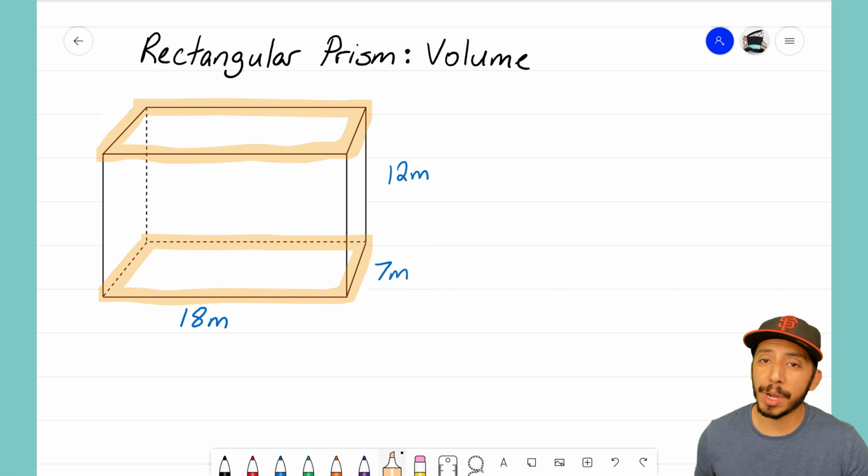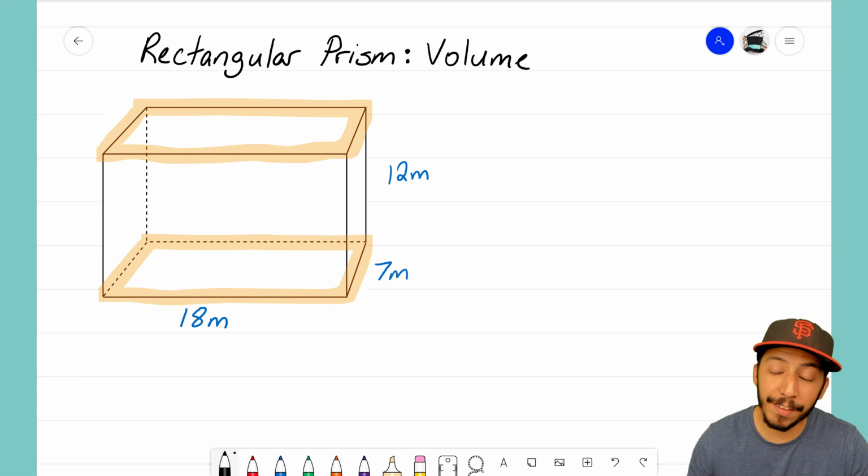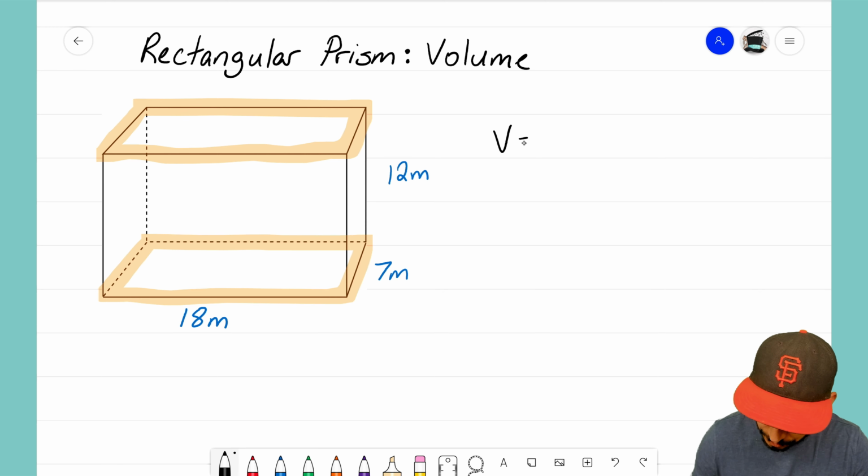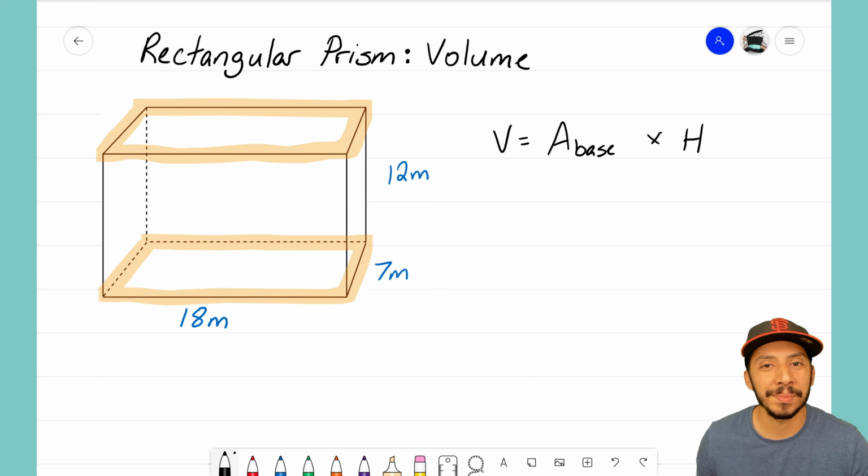Now, what's really nice about prisms is that we have a volume formula that works for any prism you come across. Not just a rectangular prism, but any. And that formula that we're going to use is volume equals area of the base times the height.